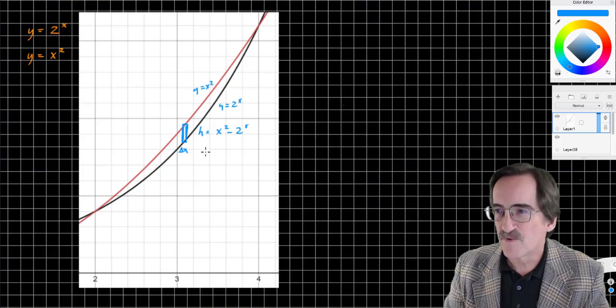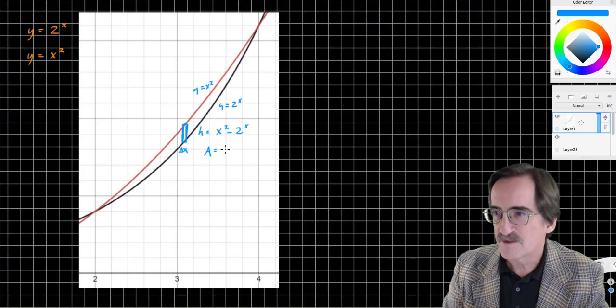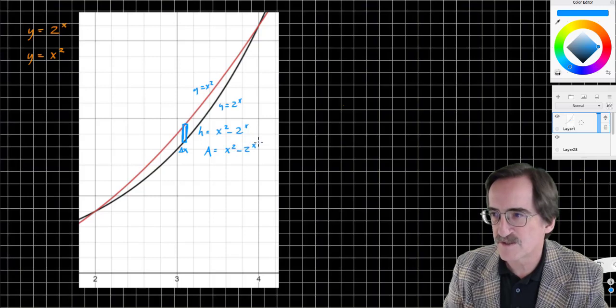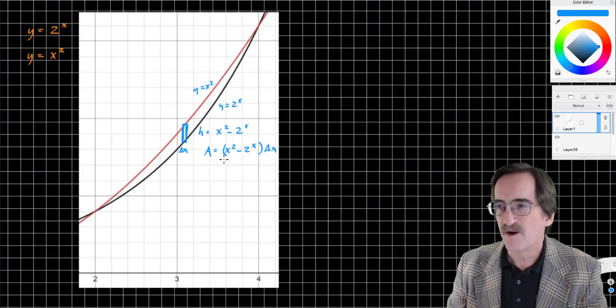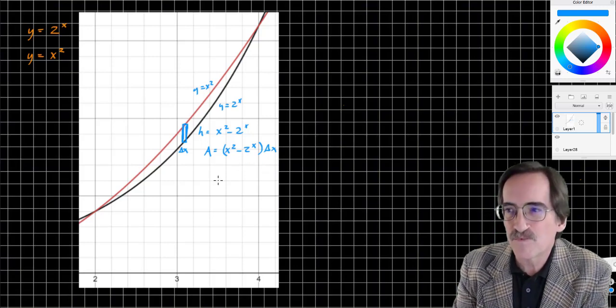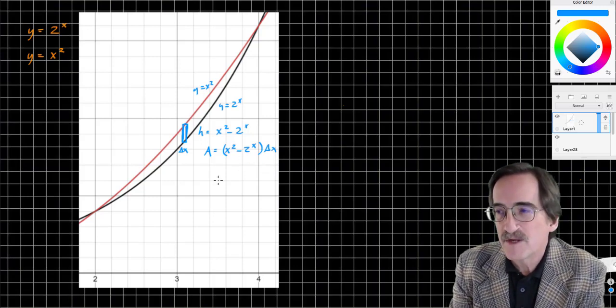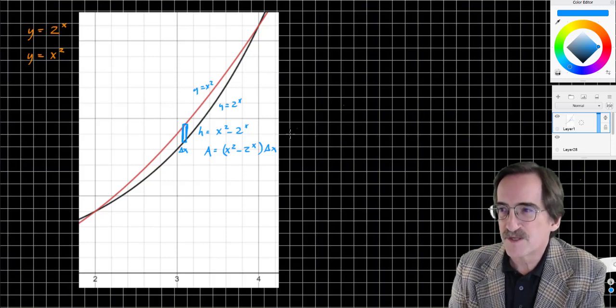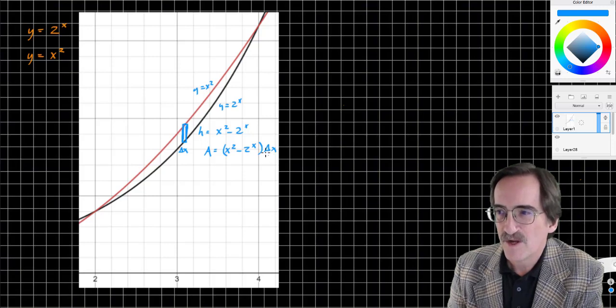And so the area of the rectangle is height times width, or x squared minus 2 to the x, times delta x. Automatically you should recognize this is a Riemann sum in which we take the limit as the width of the rectangles goes down to 0, the number of rectangles goes to infinity, and we take the sum of all of them.